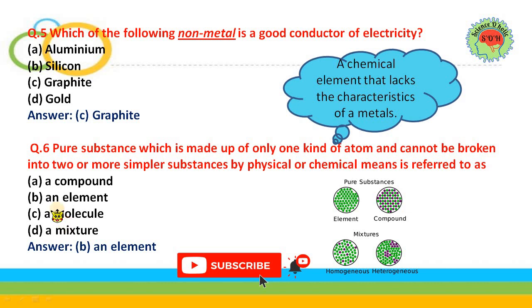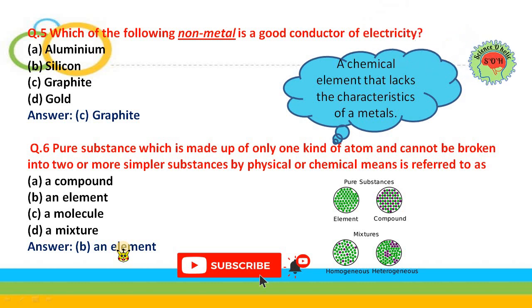So the answer is an element. An element is a single type of substance, and a compound is a combination of two or more things. So a pure substance made up of only one kind of atom is an element. The correct answer is option B, an element.